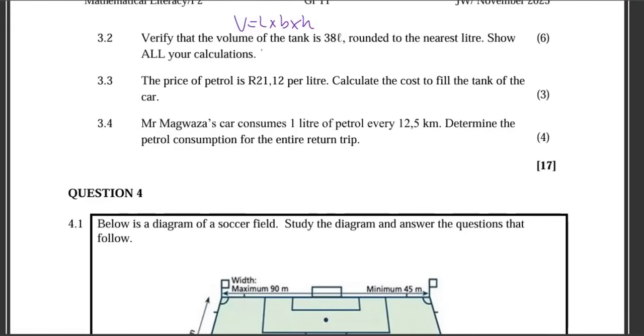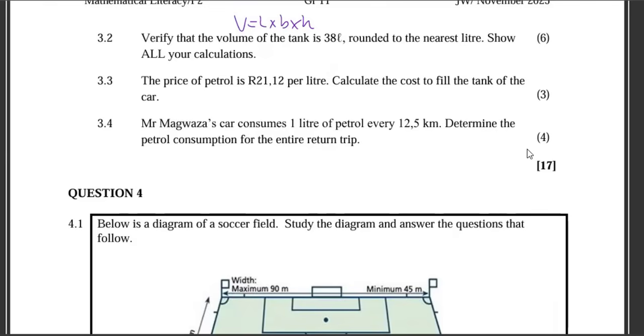We shall come here and say, we are proving if it's 38 liters.